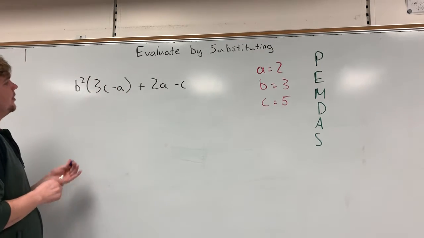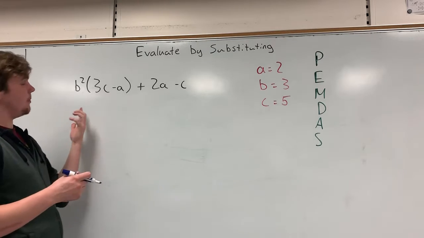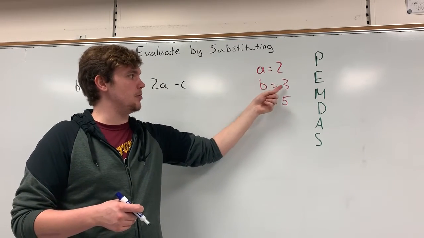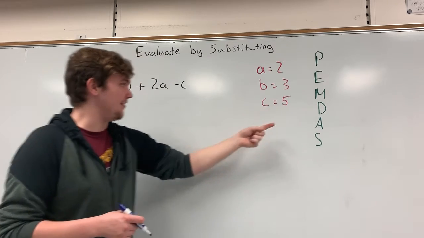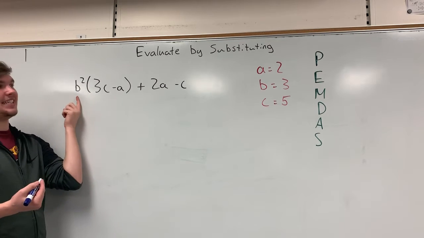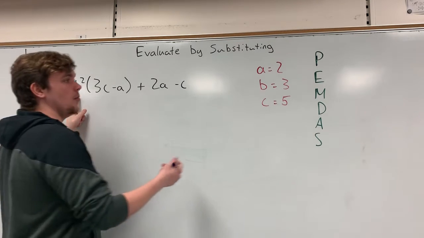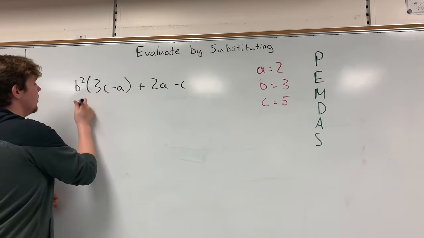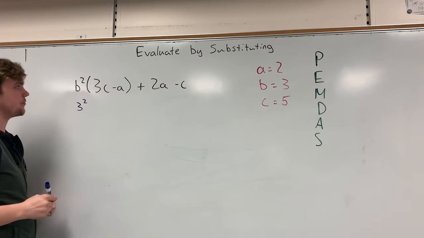So here's what I'm gonna do. I am going to start by substituting in a equal to 2, b equal to 3, and c equal to 5 into this expression over here. Okay, so I'm going to replace b squared with, well, b is 3, so 3 squared.